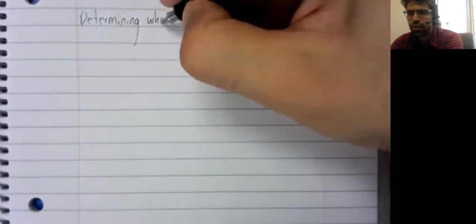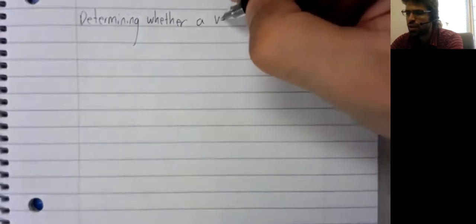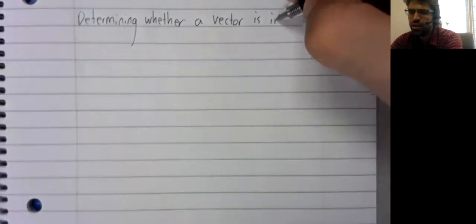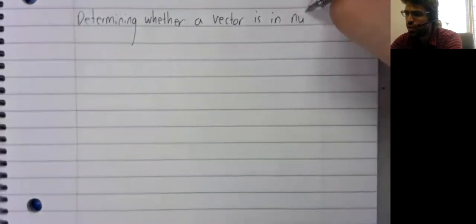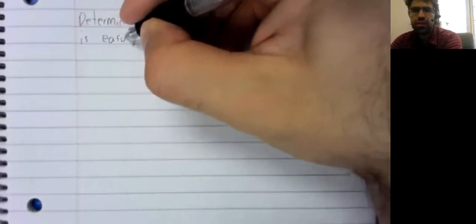Let's start with the observation that determining whether a vector is in the null space of a matrix is easy.